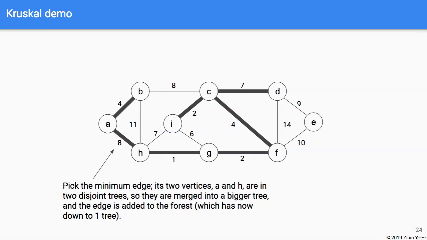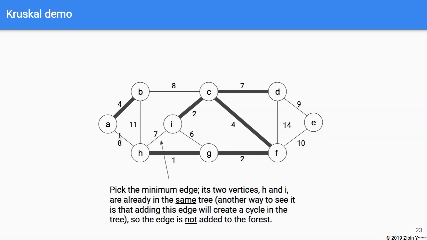Moving on, we should pick out the edge with weight 8, and this edge connects this subtree that A is in with this subtree that H is in.